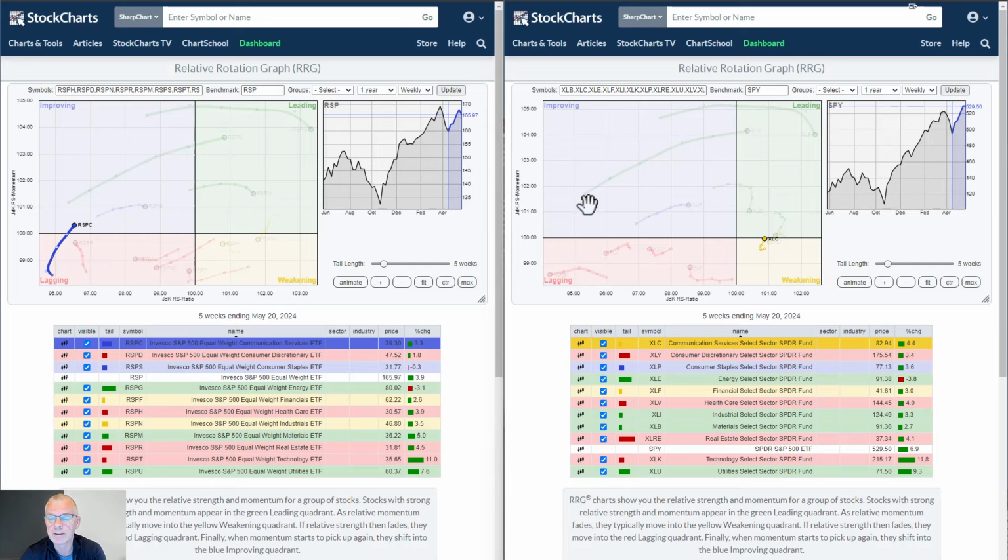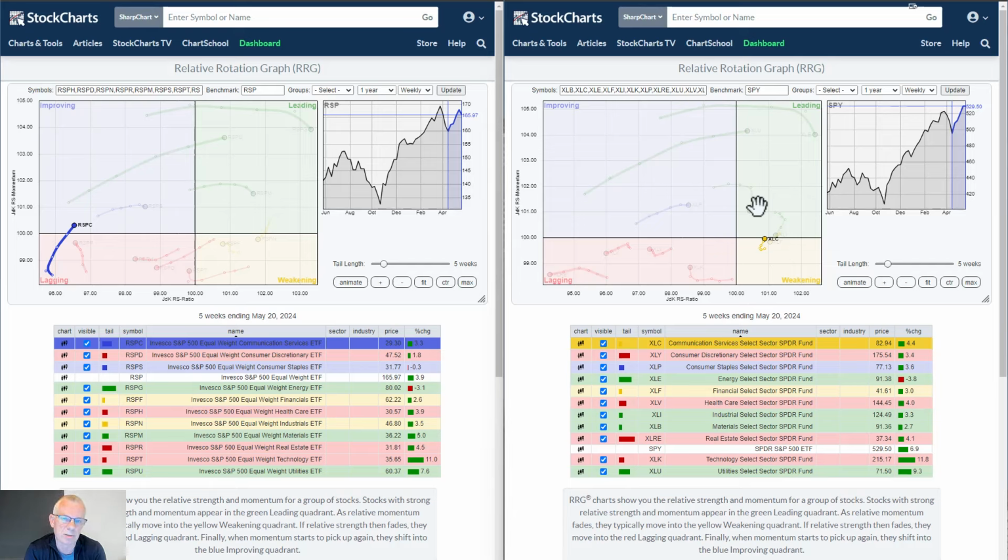Because as you know, on the right-hand side is where we find relative uptrends, and on the left-hand side is where we find relative downtrends. So the cap-weighted version is in a relative uptrend, and the equal weight version is in a relative downtrend. The fact that they are both traveling at a positive RRG heading is in a way good news, because it means that XLC is basically starting a new uplag in an already existing relative uptrend.